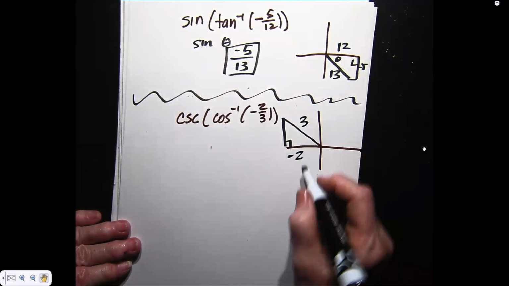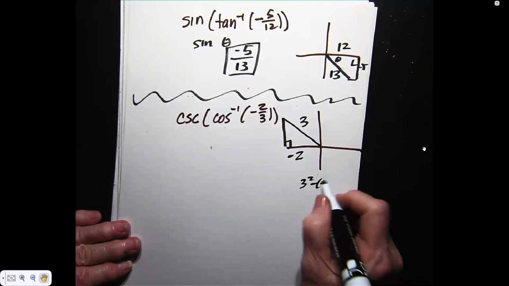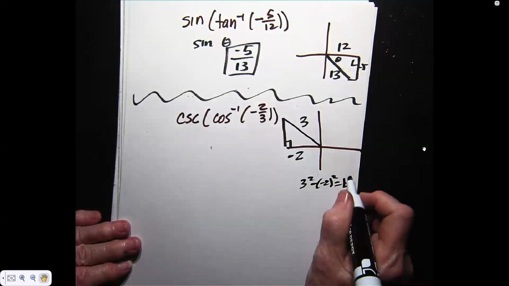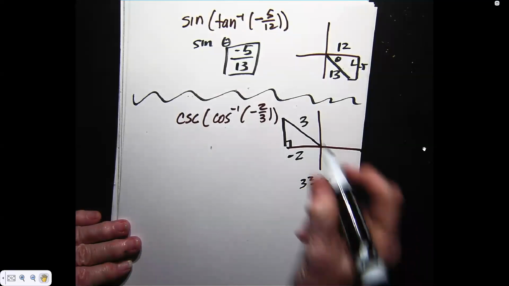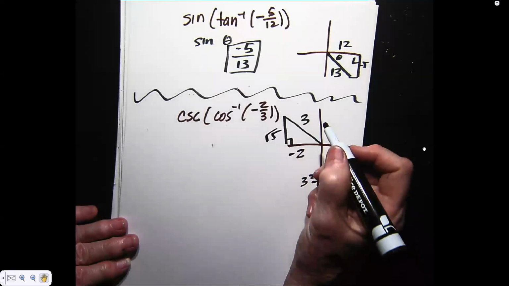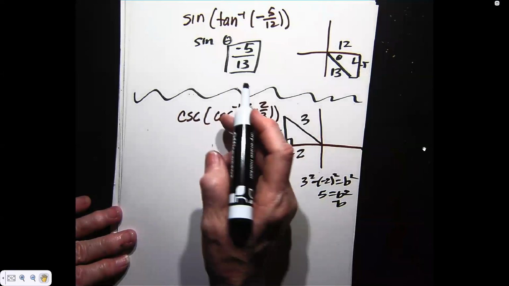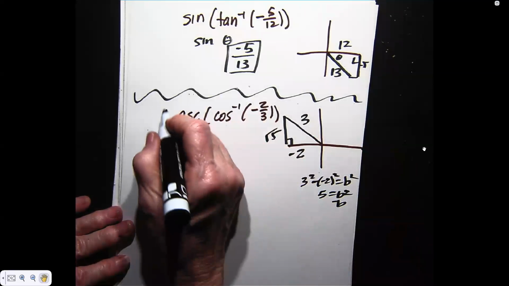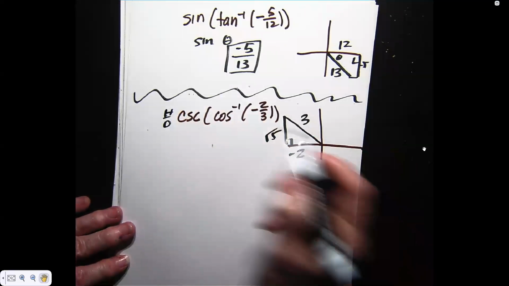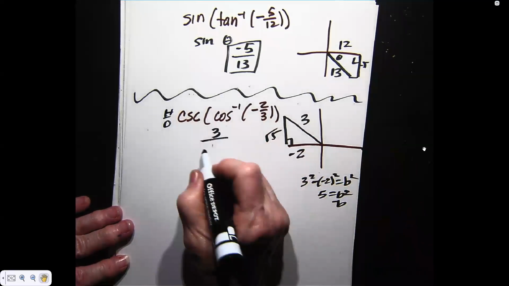Using the Pythagorean theorem, 3 squared minus -2 squared is b squared. So 5 equals b squared, so b is the square root of 5. The cosecant goes with sine. Sine is opposite over hypotenuse, so cosecant is hypotenuse over opposite, which would be 3 over the square root of 5.